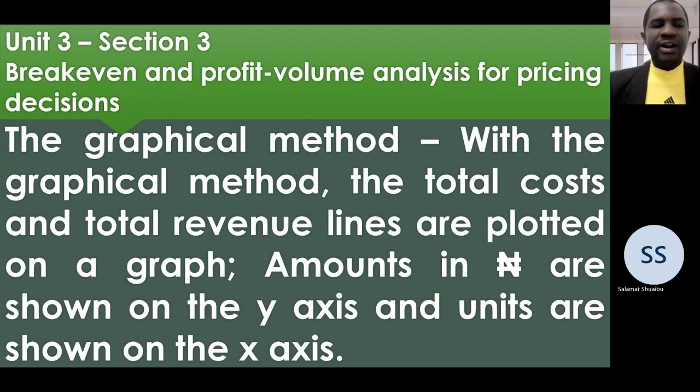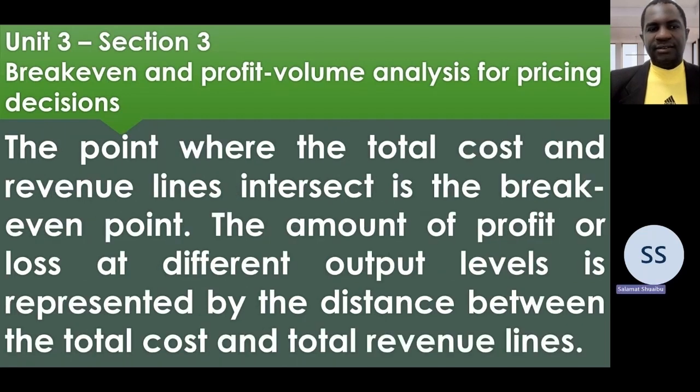All right, so the graphical method, we used it in school, but it is not applicable in practice. It is just a theoretical method of calculating break-even. Total cost equals total revenue at the point where the lines plotted on the x-axis and y-axis intersect, and where both of them intersect, you have break-even.